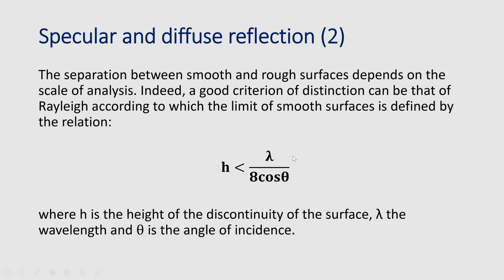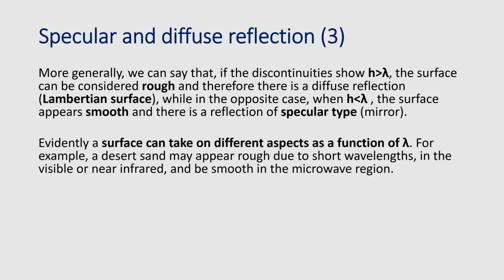That means that the surfaces are smooth, and so they are acting like specular surfaces. This happens in the microwave, and this is why it is quite difficult to interpret this image.